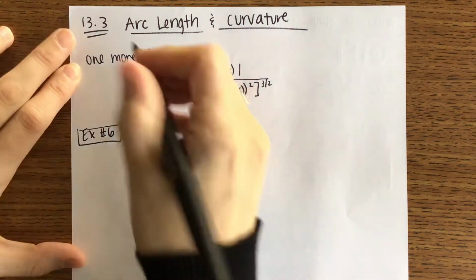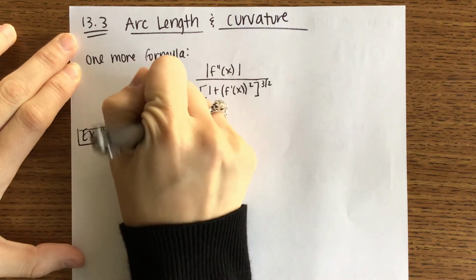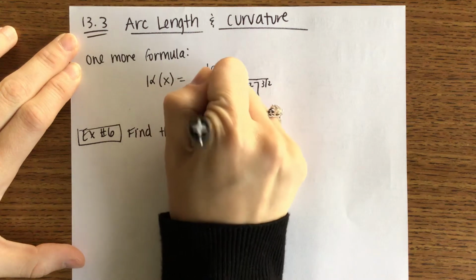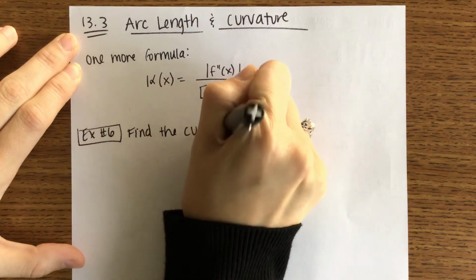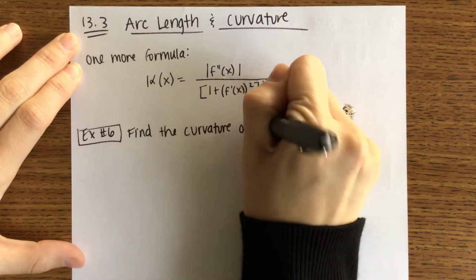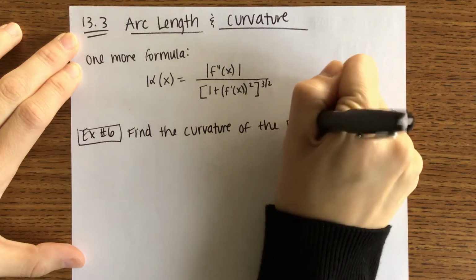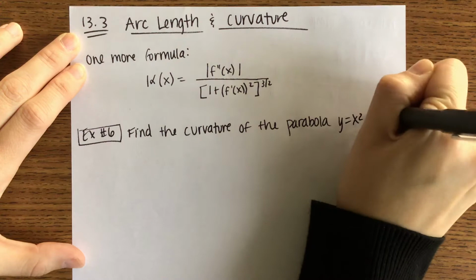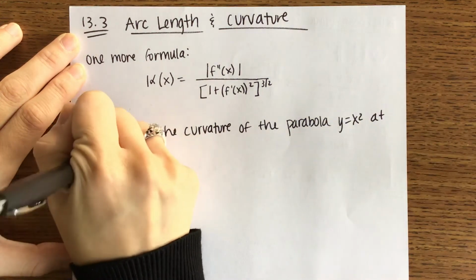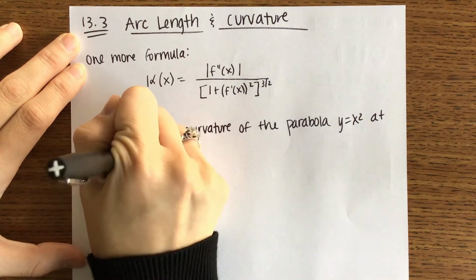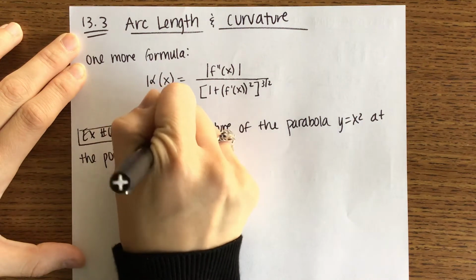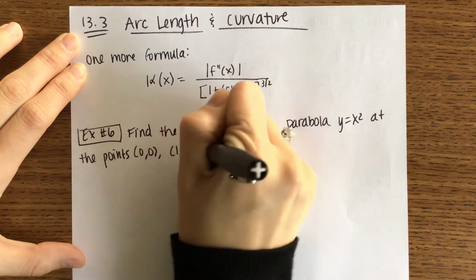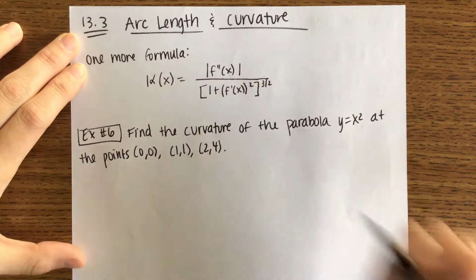So next example, we are going to find the curvature of the parabola y equals x squared at the points 0, 0, 1, 1, and 2, 4.